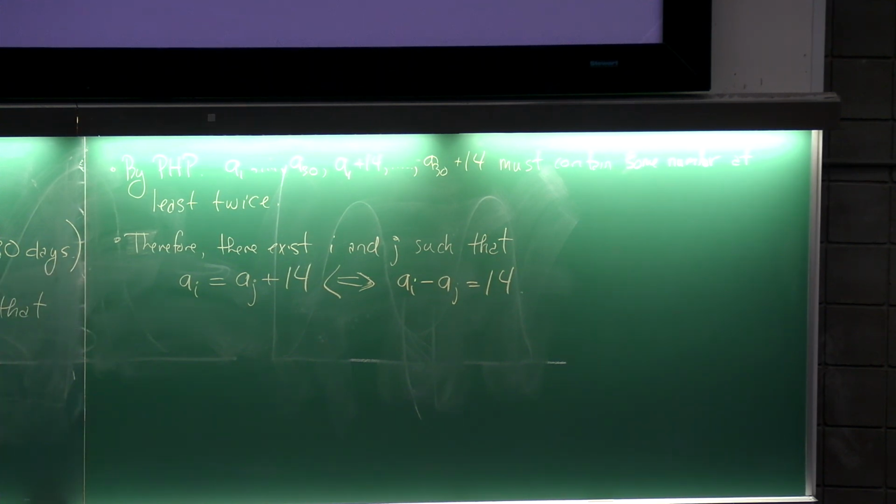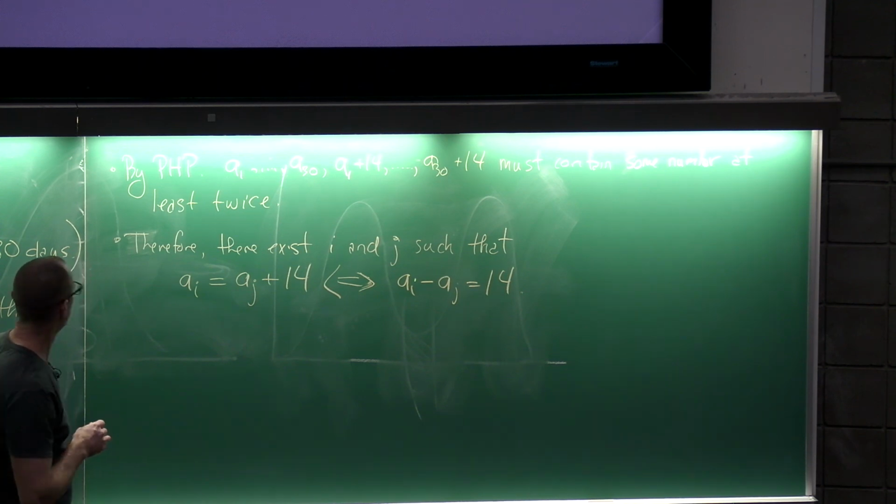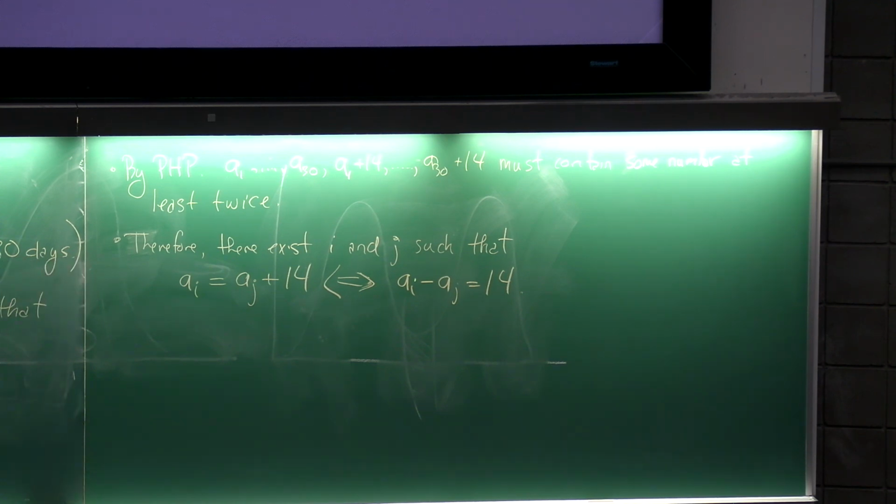What's A_j? A_j is one of the numbers in the sequence. It's the number of beers Simon drank up to and including April j. Oh, okay, like A_i plus 14, or what's i and what's j?